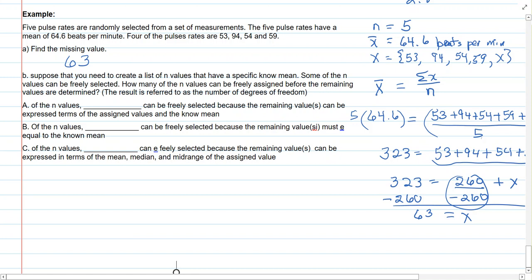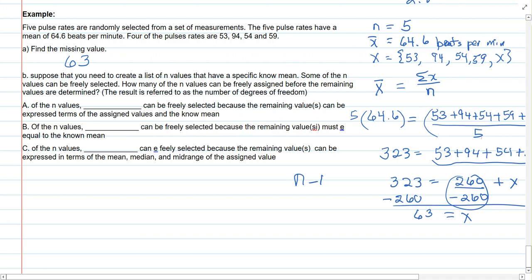So we're saying that of the n values, what do I need? N minus 1. It's what I'm looking at. For degrees of freedom can be freely selected. Of the n values, n minus 1 can be freely selected because the remaining values must be equal to the known mean. Not equal.